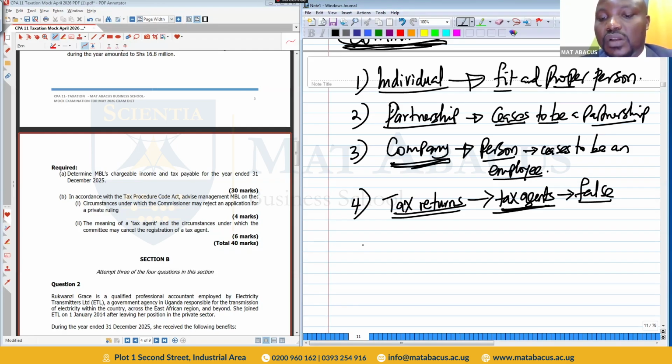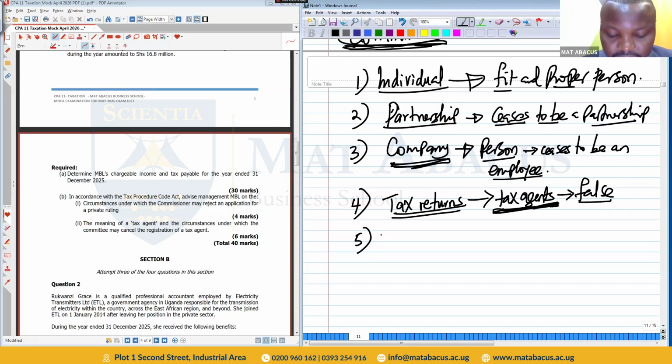In short, when this tax agent prepares tax returns that are fraudulent, he prepares the information knowing that the information is wrong, but he goes ahead to prepare it on behalf of the taxpayer. It means that the tax agent has not fulfilled his obligations. Then the registration can be cancelled.